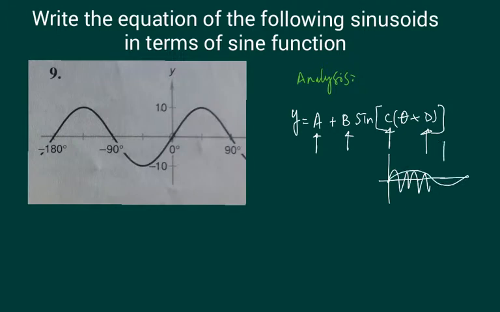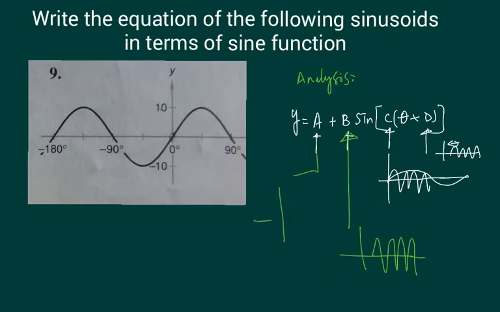D shifts the squeezed curve left or right. And coefficient B here lifts the curve up and down, magnitude-wise. And lastly, the A offsets the entire curve. Okay, so this is what ABCD does to each one of the curves.